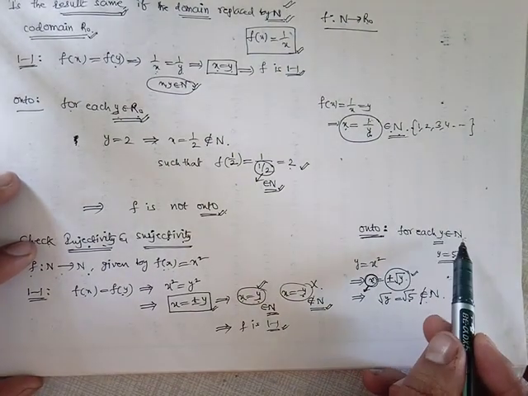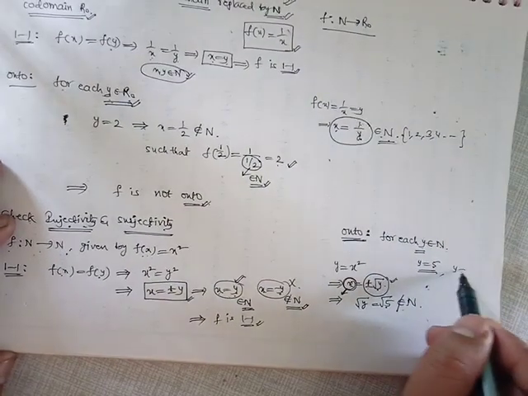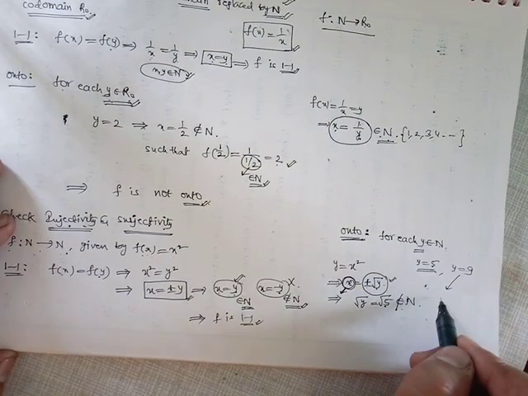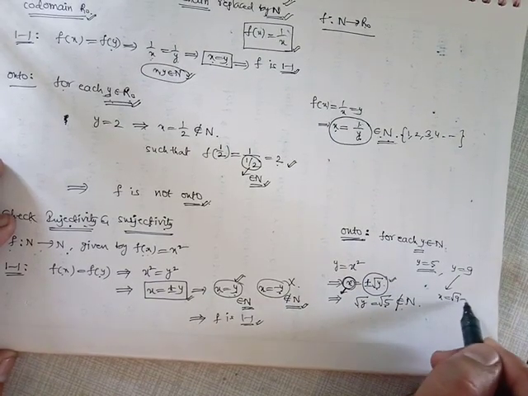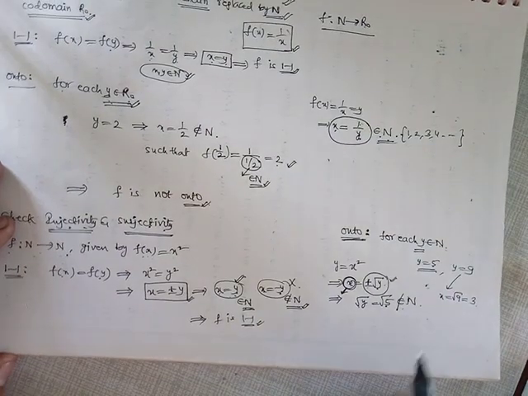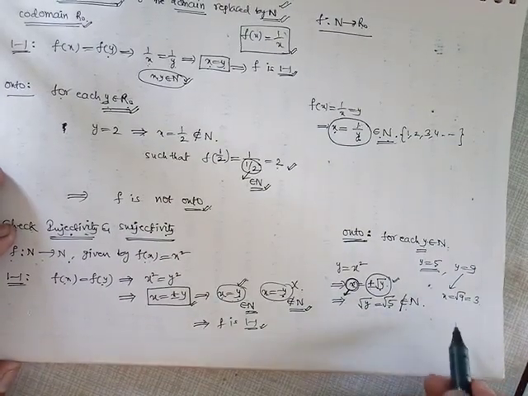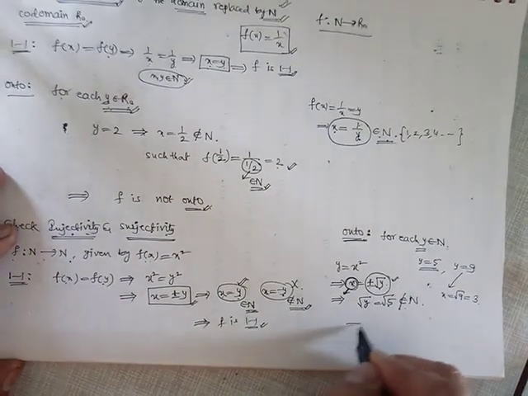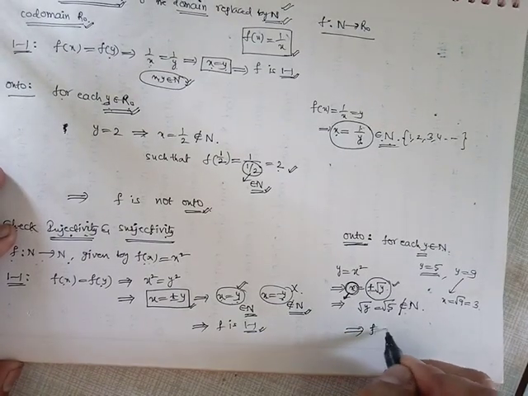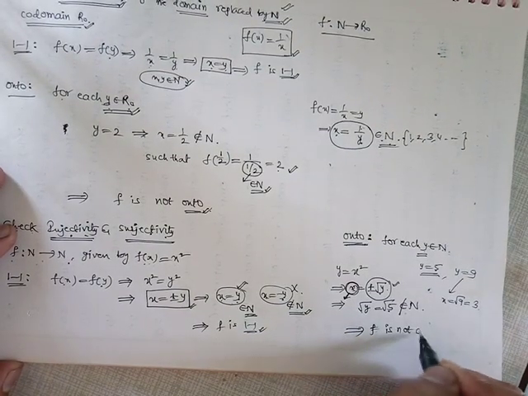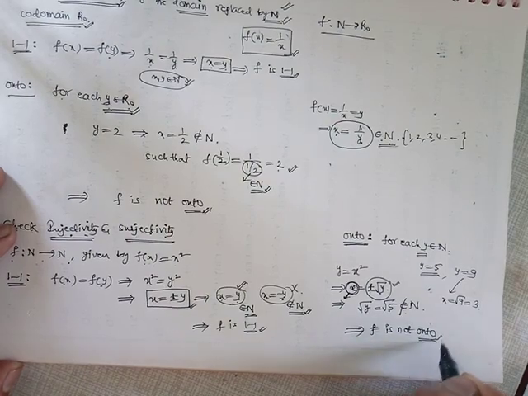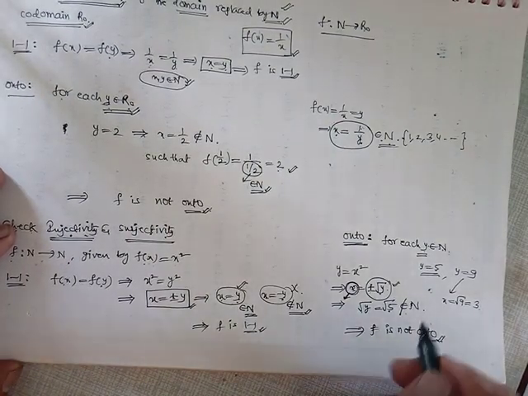So for each y you are not going to get x. If y is equal to 9, then you may get x is equal to square root of 9 is equal to 3, but square root of 8 and square root of 7 you will not get. So that's why f is not onto. You are not getting such an x belonging to natural numbers.